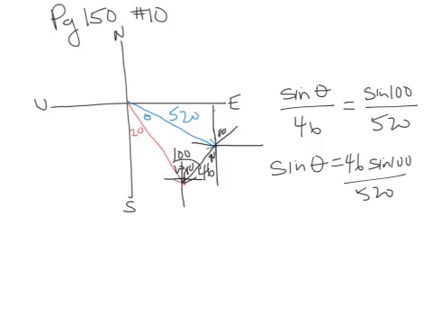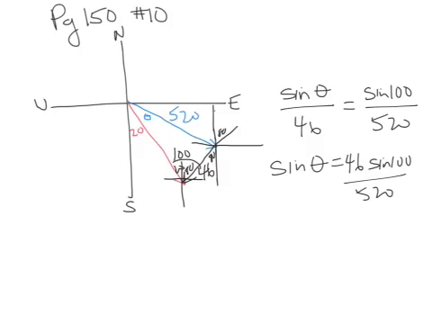Inverse sine of 46 sine 100 over 520. That works. Okay, so it's essentially 5 degrees, right?